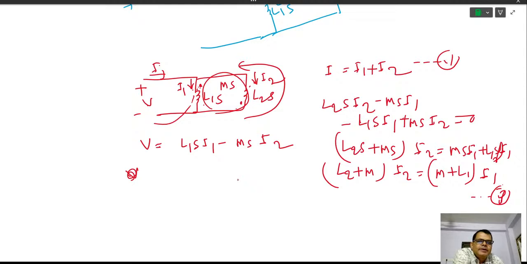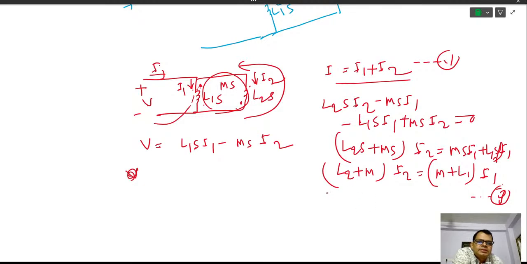Okay, let's eliminate this first. So we'll do one thing, that is the I1, I2. What we'll do?